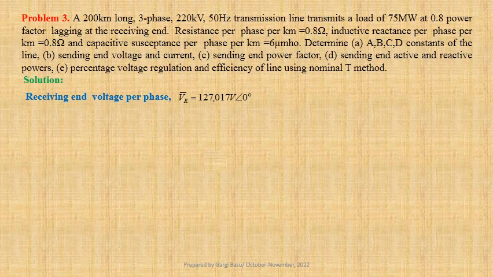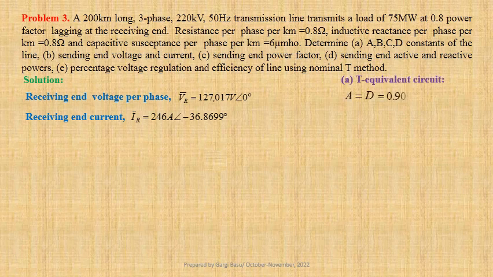We have computed receiving end current IR equals 246 ampere at an angle minus 36.8699 degree, and generalized constants for T equivalent circuit A equals D equals 0.9091 at an angle 6.062 degree, B equals 215.68664 ohm at an angle 47.8864 degree, and C equals 1.2 into 10 to the power minus 3 mho at an angle 90 degree.